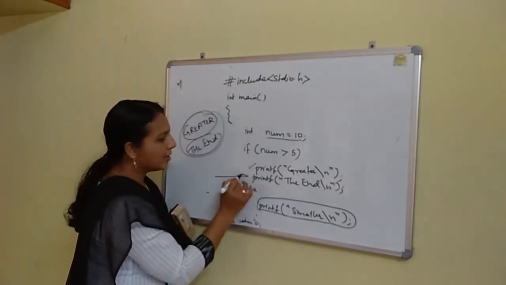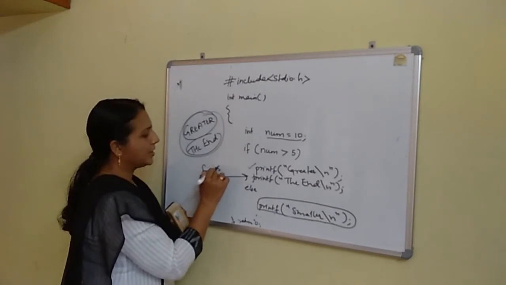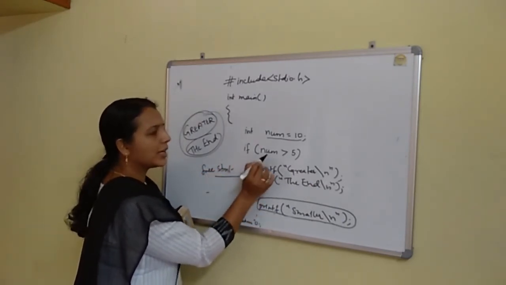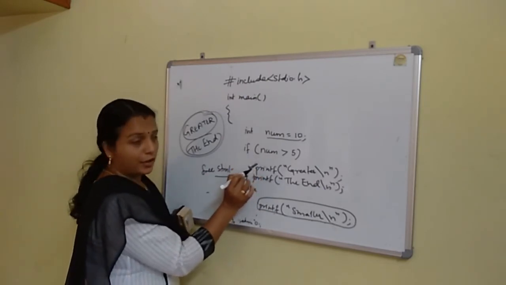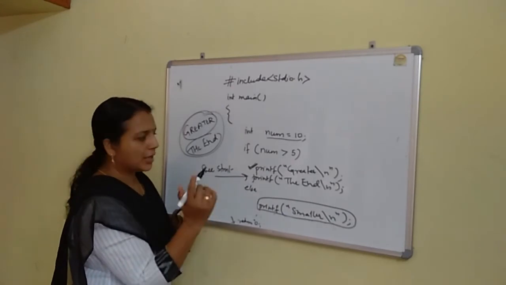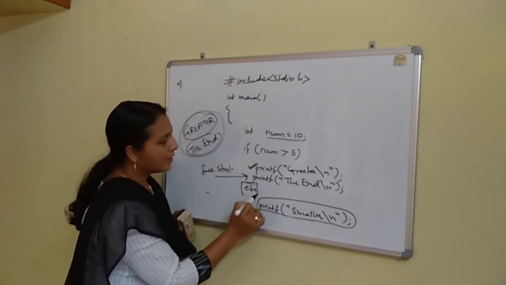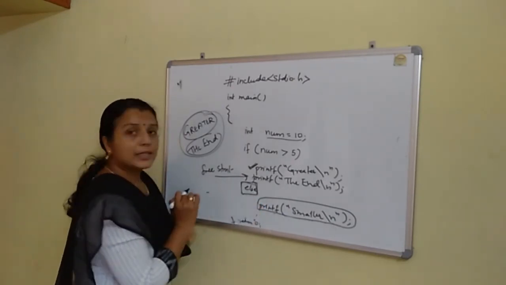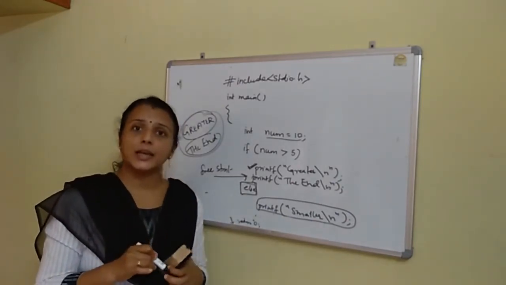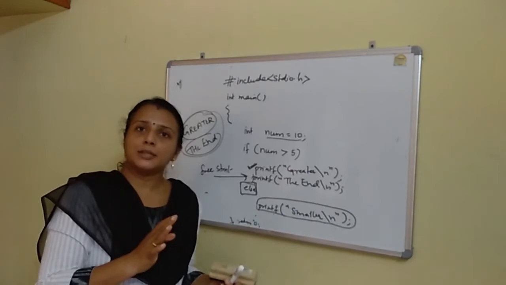It is acting as a free statement. This is the only statement which gets executed just after the if, and it is a print statement. But when the compiler comes to the else part, it will give you an error message on the screen, telling you about misplacement of else.